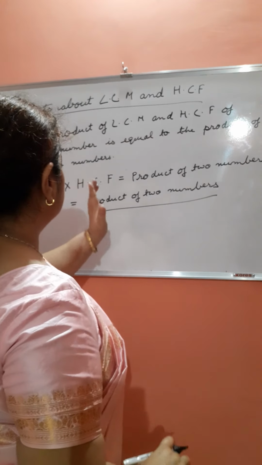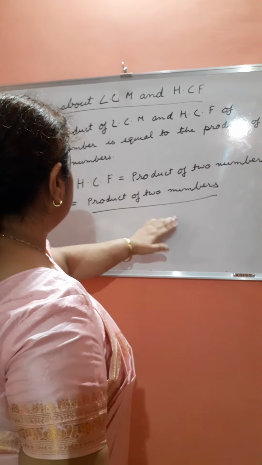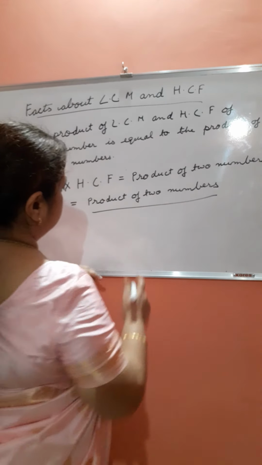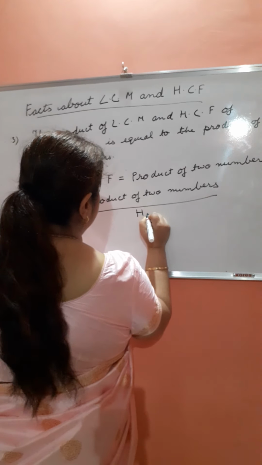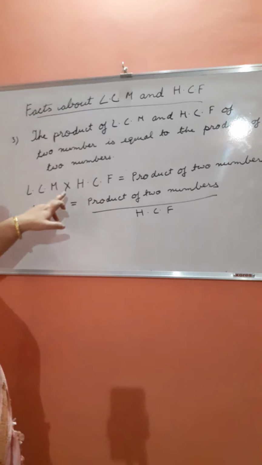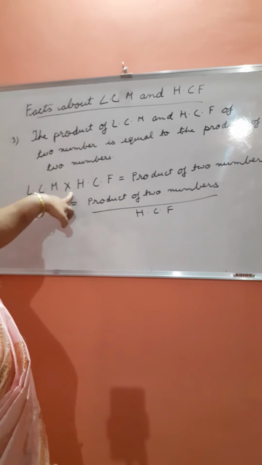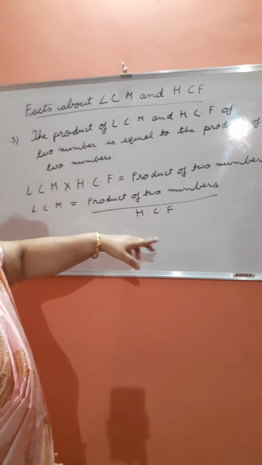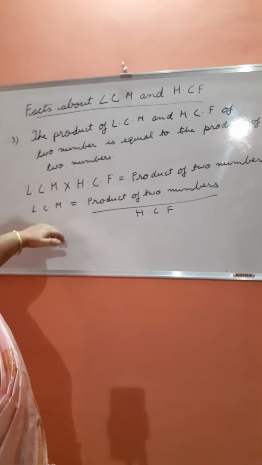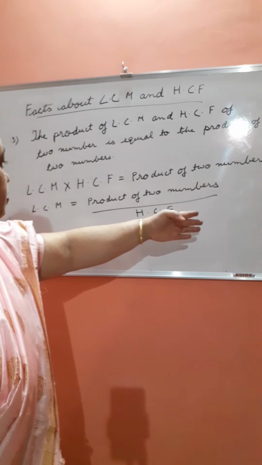If it comes to the right hand side of the equal sign, where there is multiply, it will become divide. Sign changes. I have taught you these things earlier. If there is multiplication, it comes to the right hand side, then it will be divide. If there is divide, it comes to the right hand side, then it will be multiply.